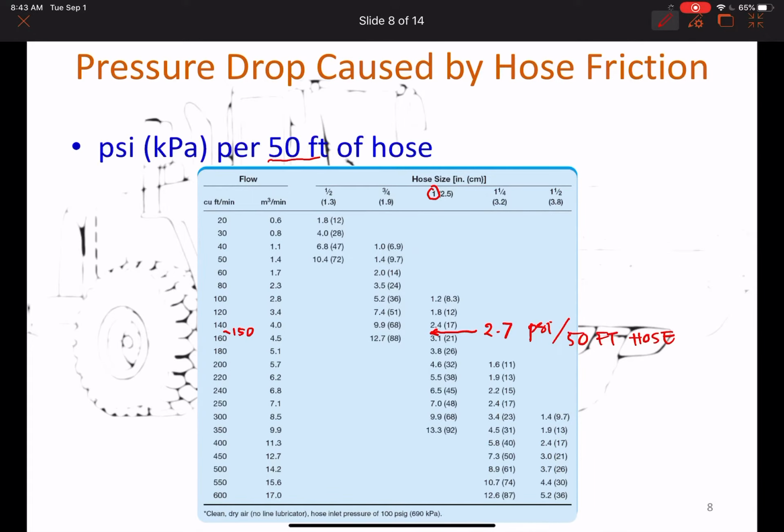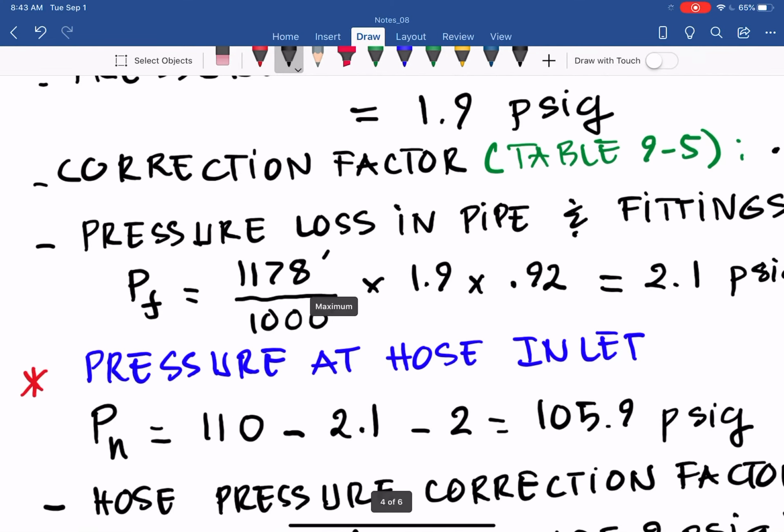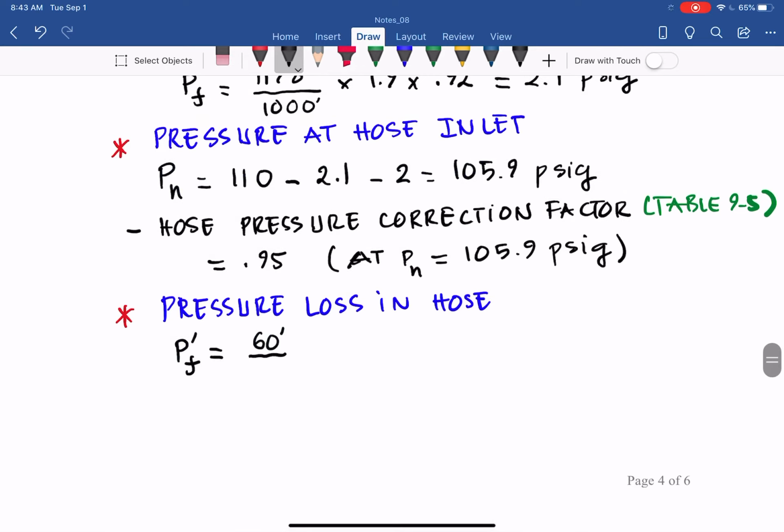So from that we can be able to put back here. Instead of divide by 1,000 like the pipe, we divide by 50. Every 50 feet. Times 2.7, and that just show you that it's table 9.6.